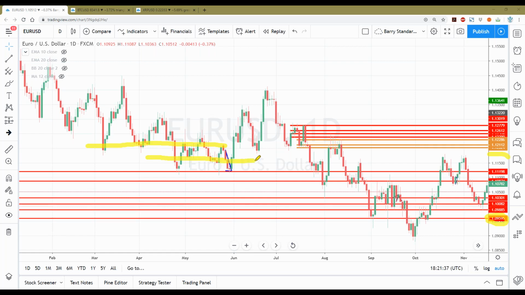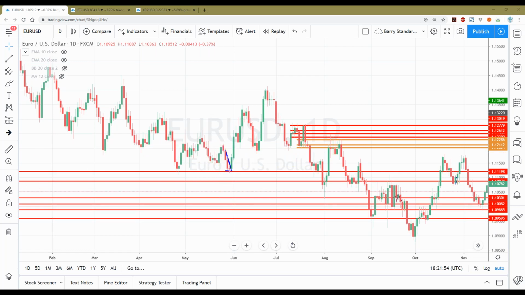So if we can extend this forward here, this is when price was trading here back in May and June. Price moved all the way up here to August. And okay, so those levels became significant at two different trading times.